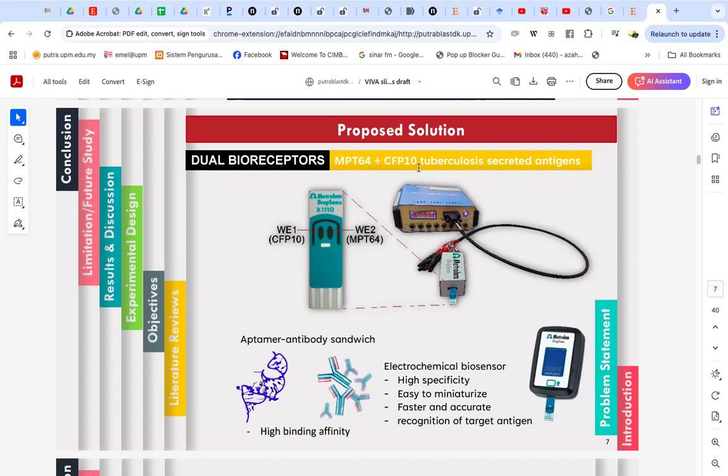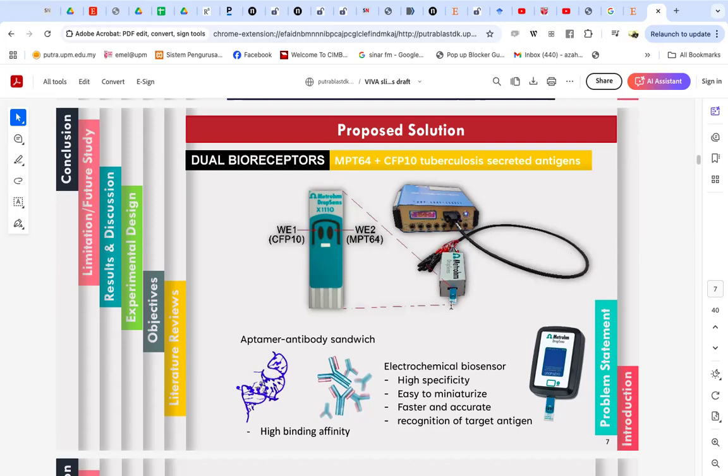Okay, so this is the hypothesis, and based on the aptamer that we studied, the aptamer is very selective towards MPT64 and CFP10. From there, we can have two interactions. One is with MPT64. So we put the aptamer here for MPT64, and we put another aptamer for CFP10. The transducer here is electrochemical, right?